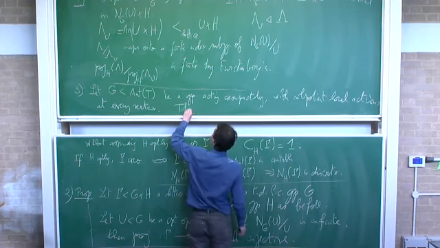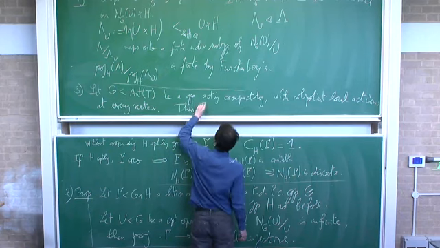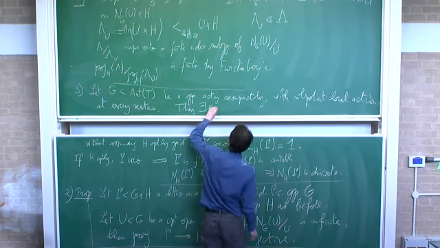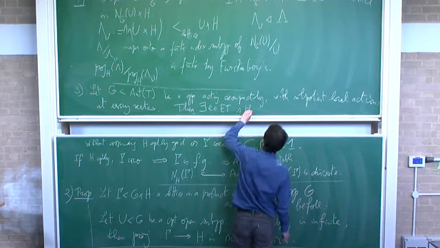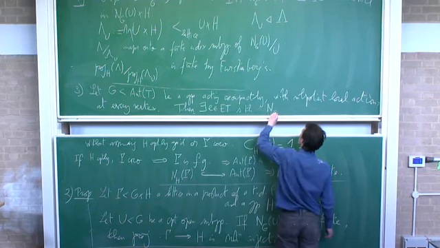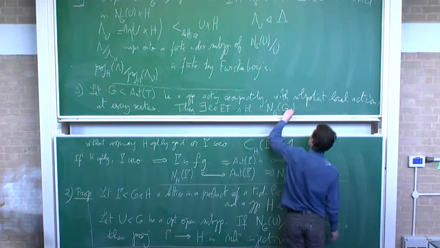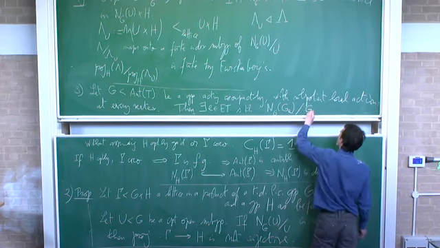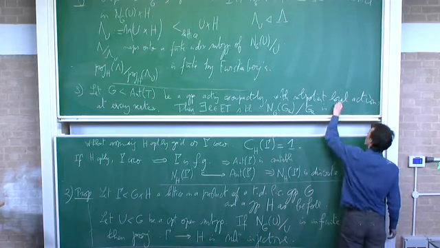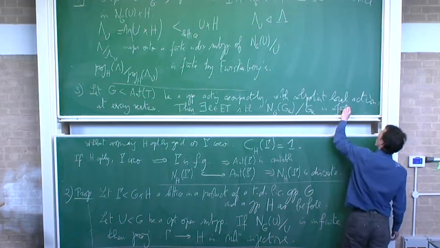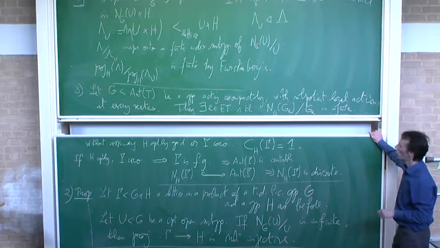Then there exists an edge such that the normalizer in G of this edge stabilizer is an infinite index overgroup of the edge stabilizer.